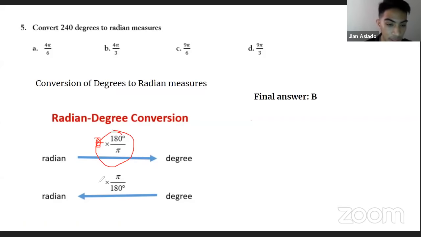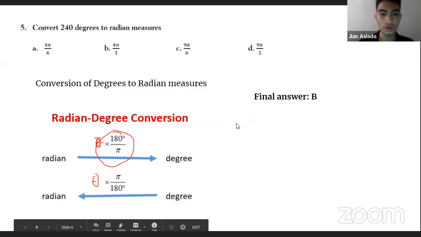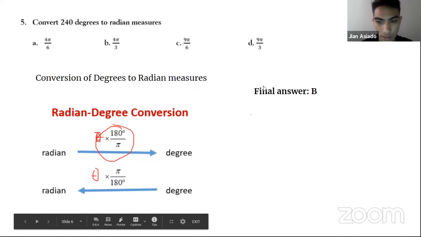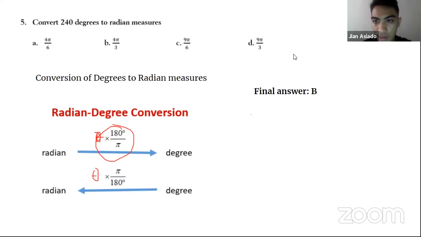For the reverse, you just use the reciprocal. Here it's degrees to radians, so we apply the second one. Convert it into radians. The answer is letter B.